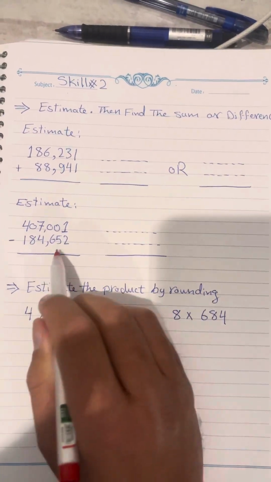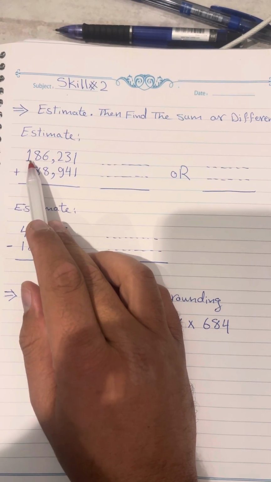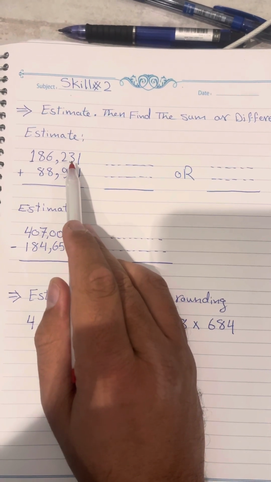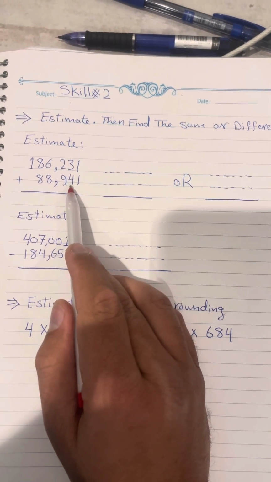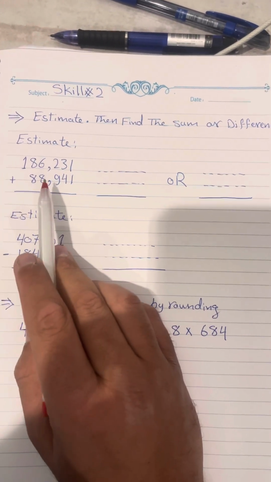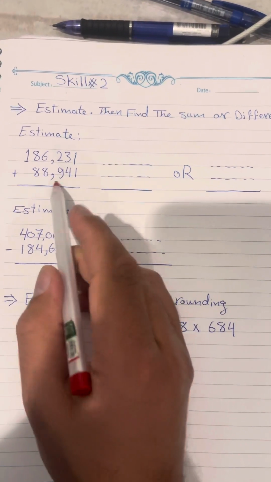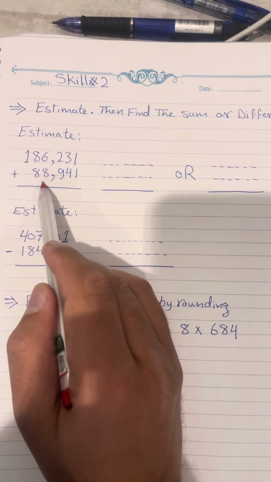Remember this. So here, I need to add 186,231 plus 88,941. So I have to estimate. In this case, if you want to estimate to the first digit from the left, it will be okay.